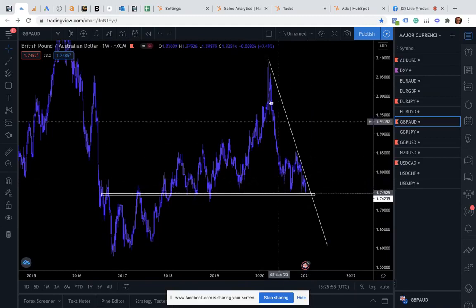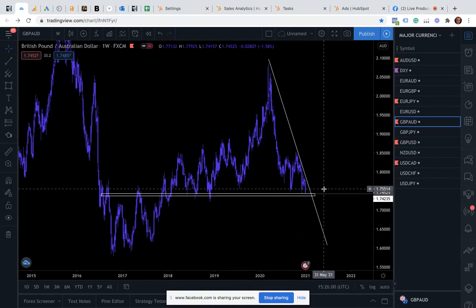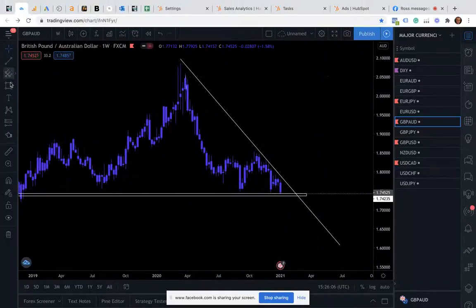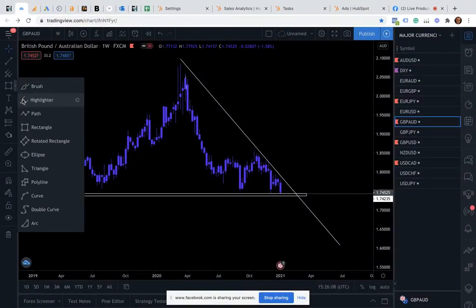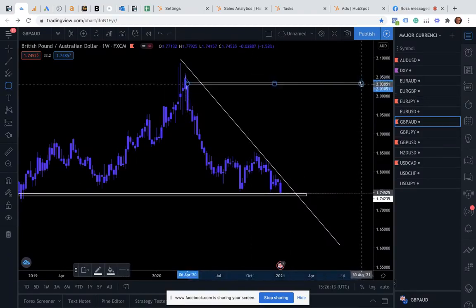Potentially we could break this quite narrow trend line, and then targets on this one could potentially be all the way back up to the top of where it started, round about this area here. So potentially targets could be all the way up here.